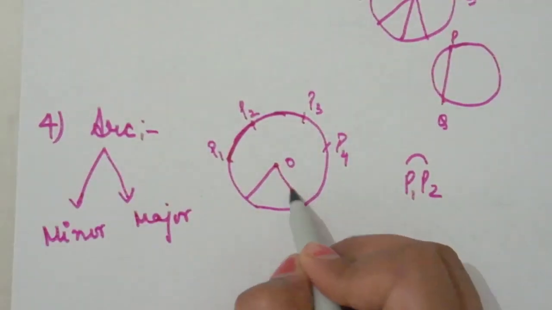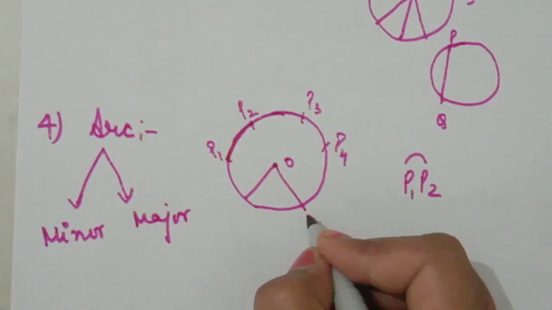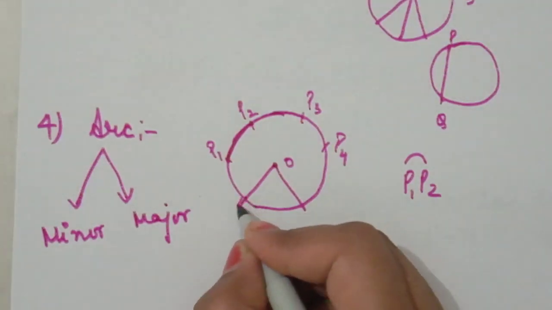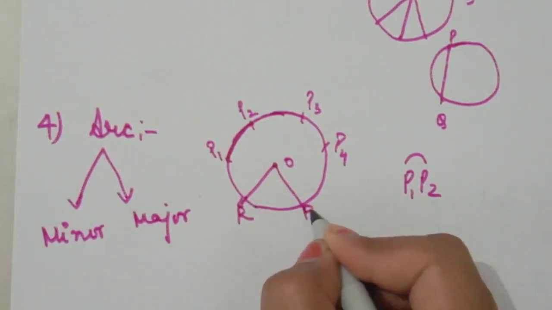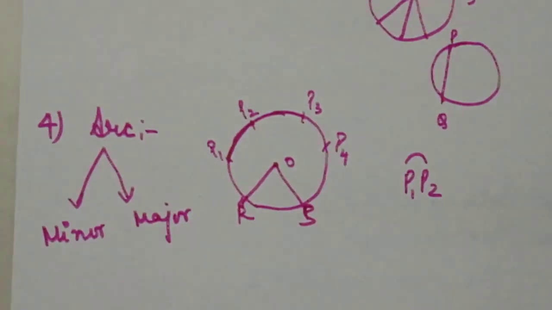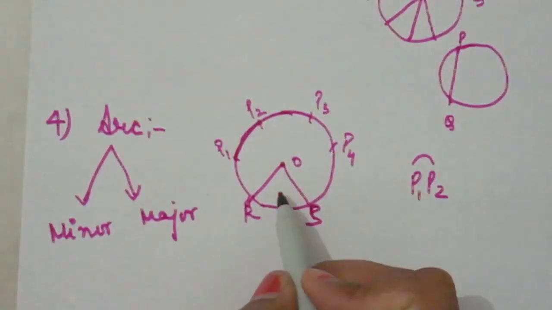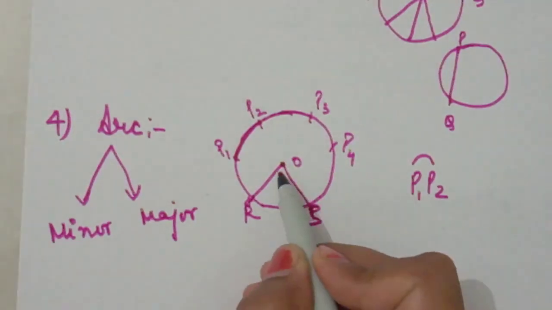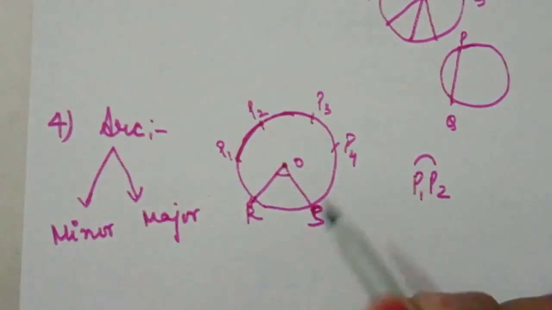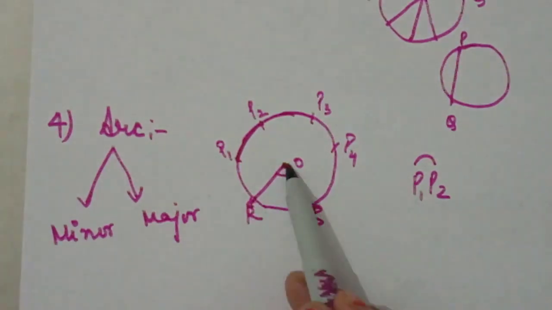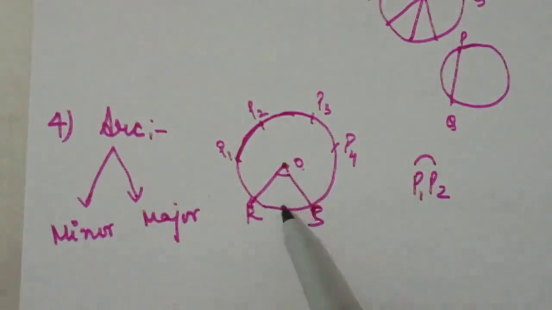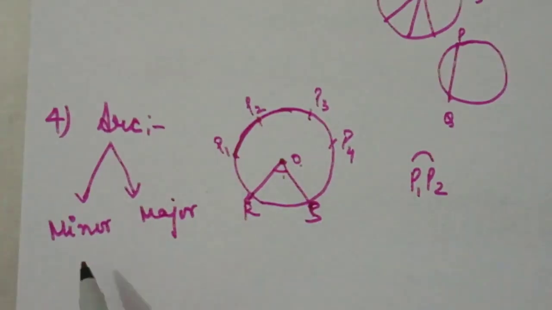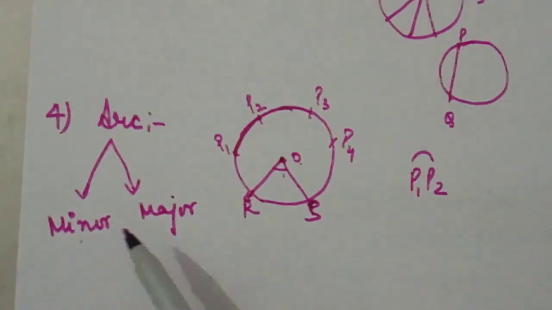If we take these points as R and S, we will call it angle ROS, the central angle with the radii RO and OS with the center O. This is our central angle. So what is the definition of minor arc?